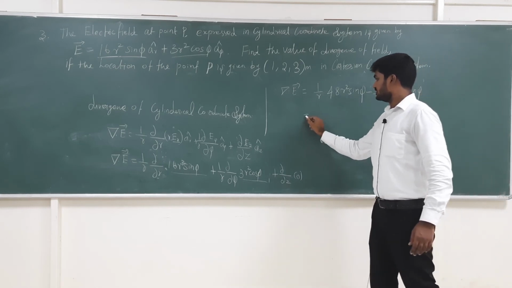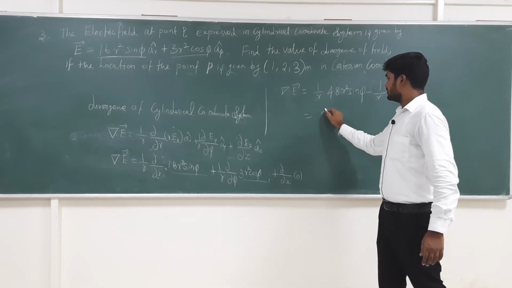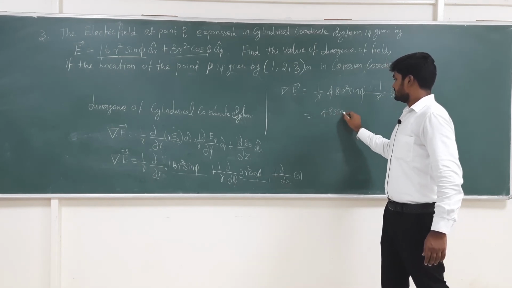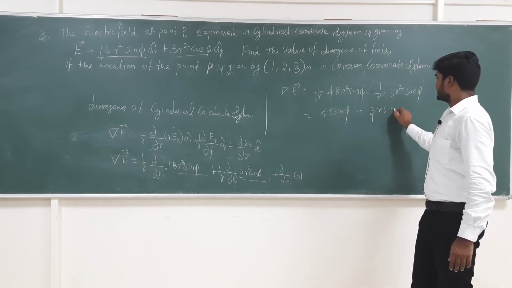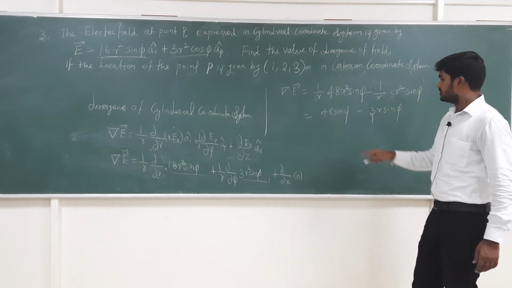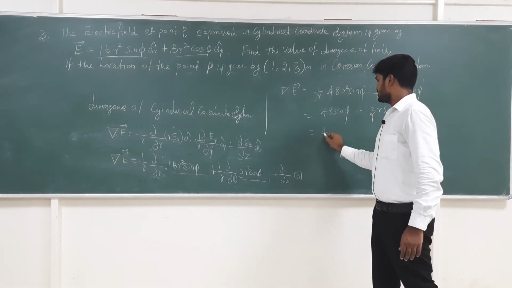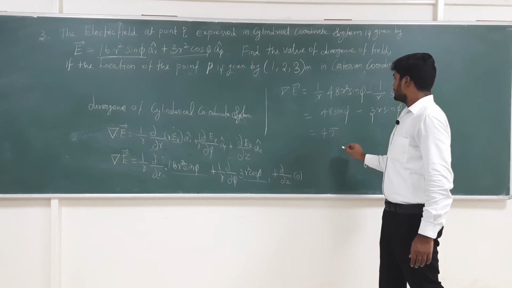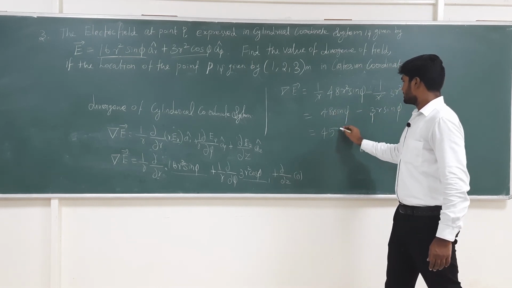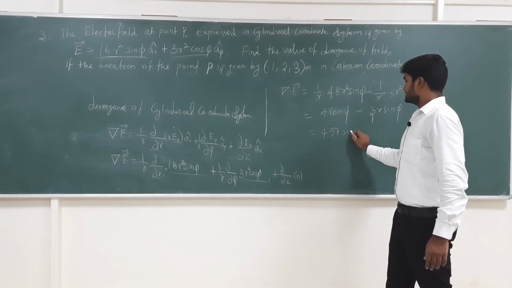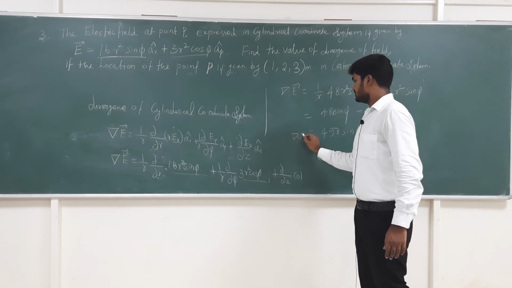So now simplify: this r gets cancelled, the remaining is 48 r sin φ minus 3 r sin φ. Now the final value is 45 r sin φ. So this is the divergence of this field.